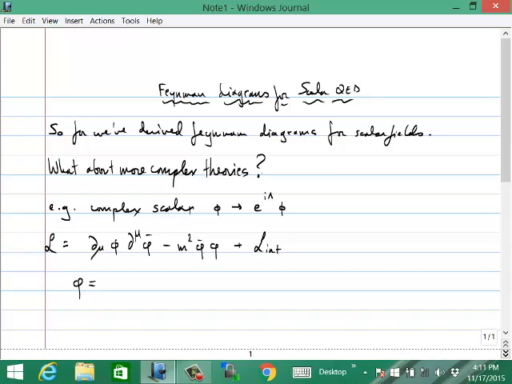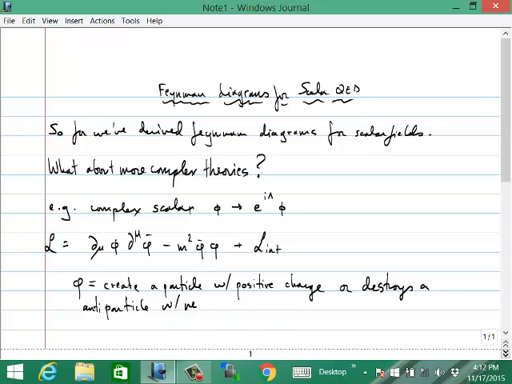And the operator phi has positive charge in the sense that you can interpret it either as creating a particle which has positive charge, or you can interpret it as removing a particle, or I suppose I should say an antiparticle, which has negative charge.